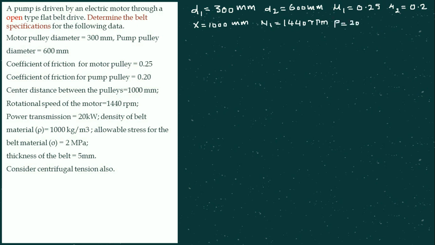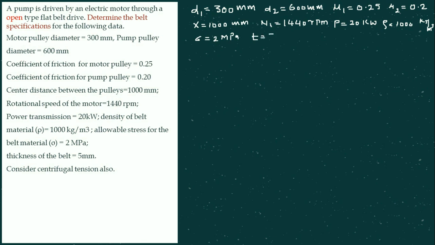Power is also given, that is a power transmission of 20 kilowatts is taking place, and the density of the belt is given, which is equal to 1000 kg per meter cube. Then the allowable stress is also given, which is equal to 2 megapascal.